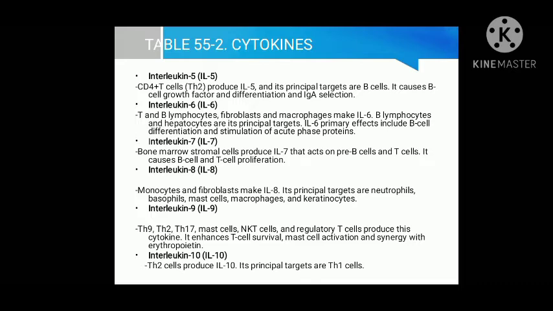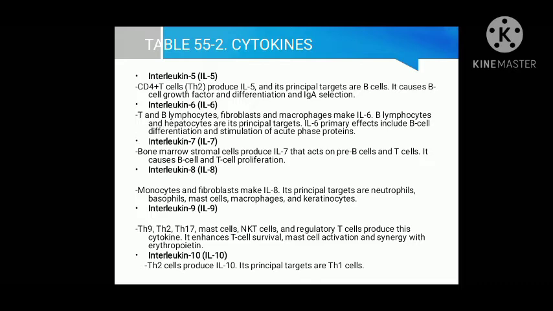Your interleukin 8, or IL-8: the properties of this are neutrophil chemotaxis and pro-inflammatory effects, and monocytes and fibroblasts make IL-8. Its principal targets are, as I've said earlier, neutrophils, basophils, mast cells, macrophages, and keratinocytes.